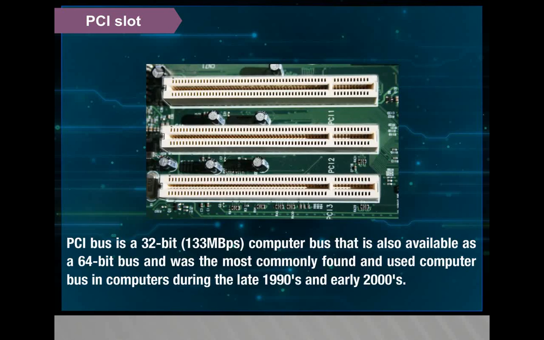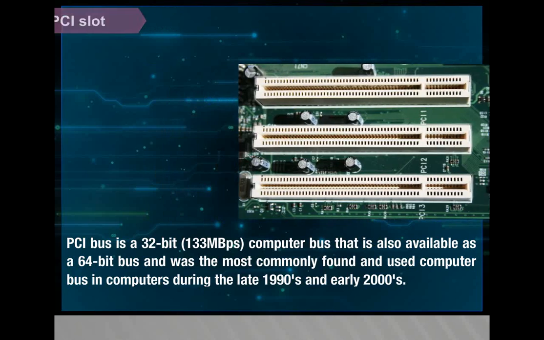PCI bus is a 32-bit computer bus at 133 Mbps, also available as a 64-bit bus, and was the most commonly used computer bus in computers during the late 1990s and early 2000s.